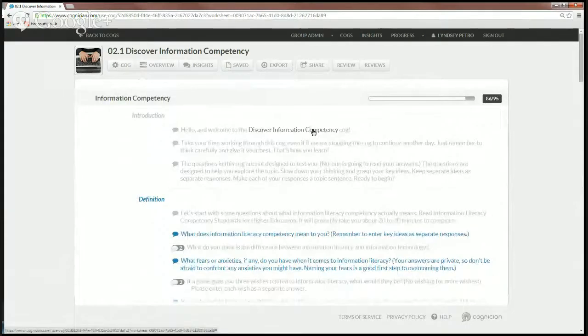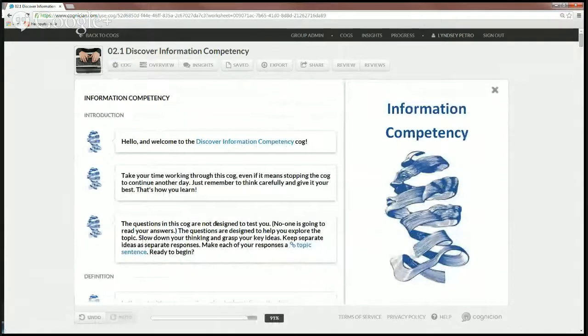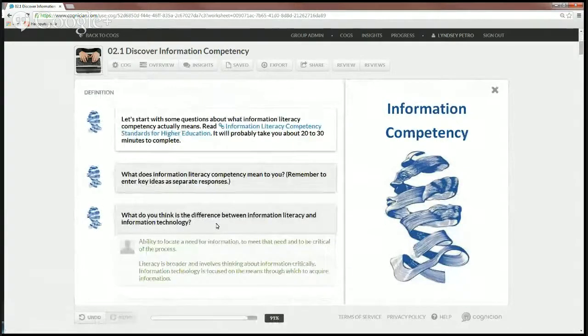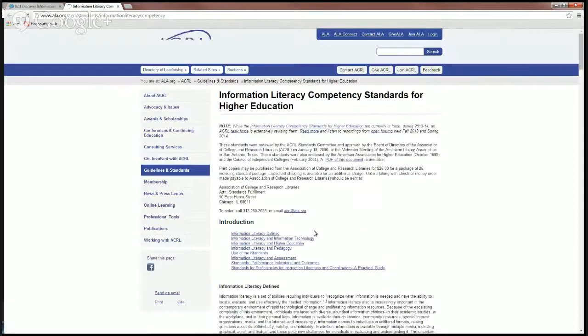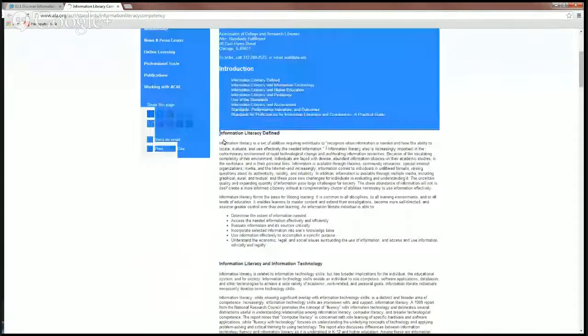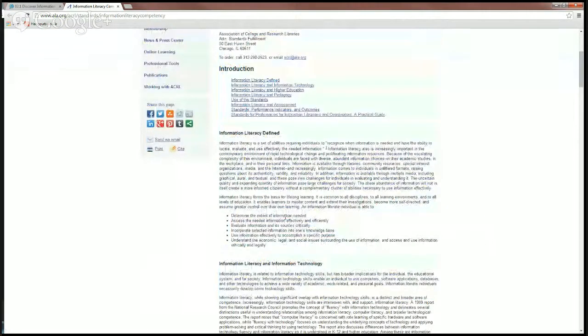As you are going through the different cogs, I do think that it's very, very important that you copy and paste the information that you find. I've got Word documents labeled for the different cogs, and when I find information, I copy and paste it from the internet onto the Word document and use that as my reference point.